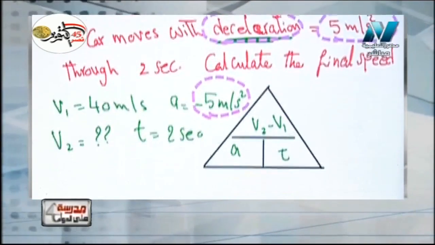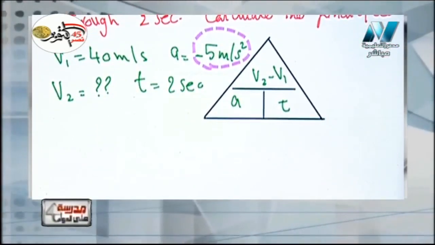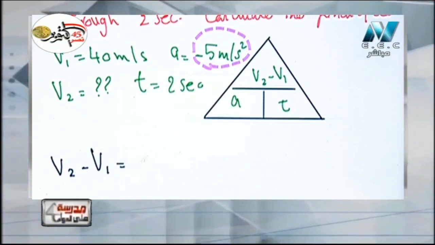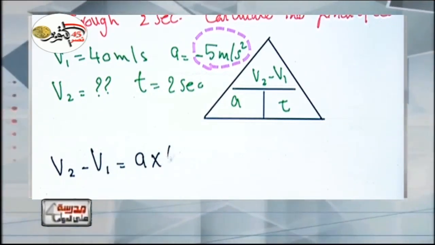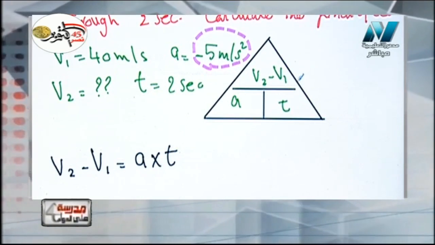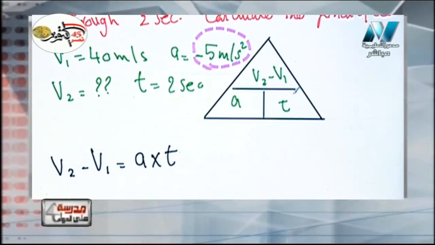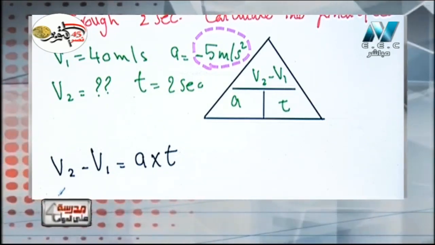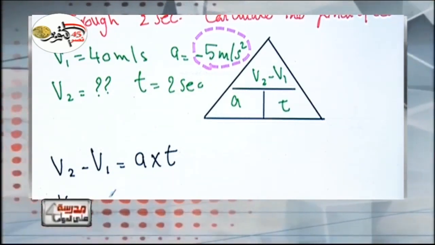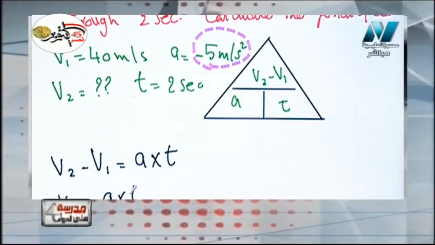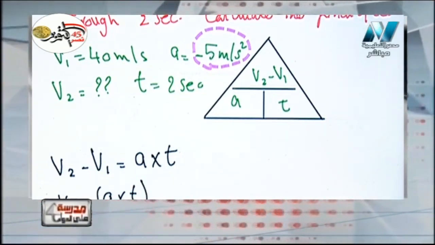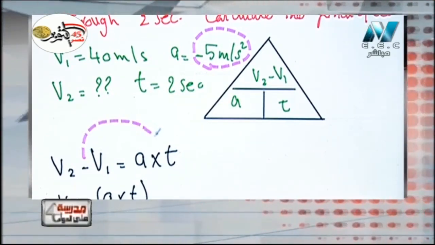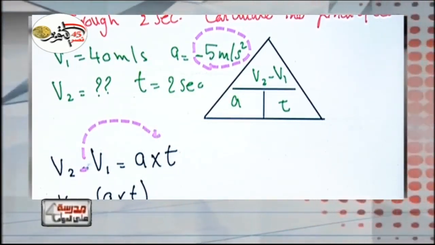تعالوا ننزل لتحت شوية. بصوا بقى معي. Here we have V2 minus V1 equal A times T, from the magic triangle. I need to calculate V2, final speed. So V2 equal A times T, brackets. Here we have V1 will transfer to the other side, and here we have negative, صح?